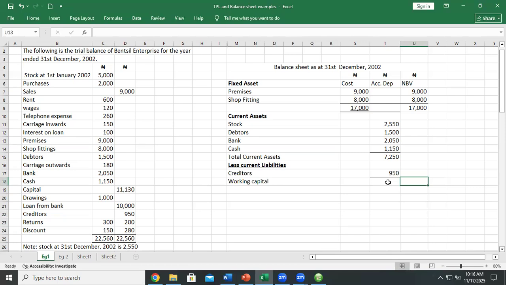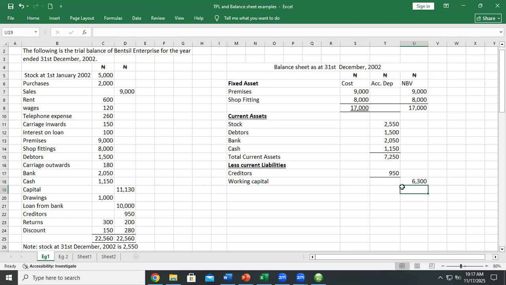So how much are we getting if you have punched the calculator? 7,000. Yeah, Austin. Sir, please, 6,300. Okay, so we have 6,300. So that's the working capital.